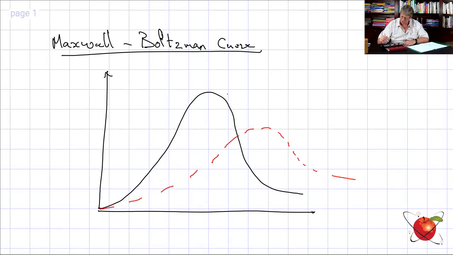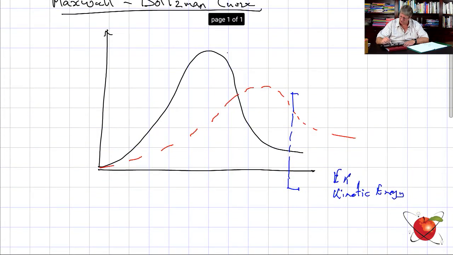I want to put in a few little labels over here. I've got kinetic energy, EK, which is a measure of temperature, and a proxy for that is measuring temperature.